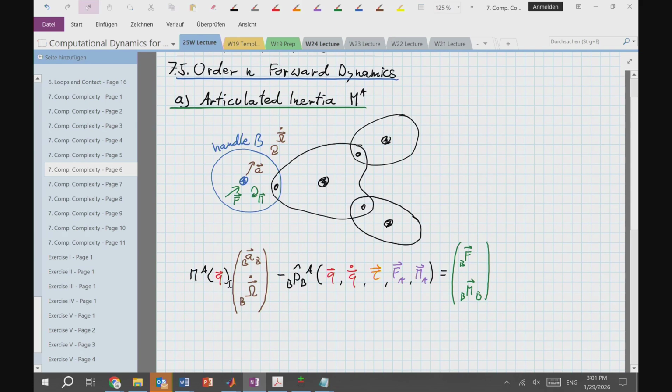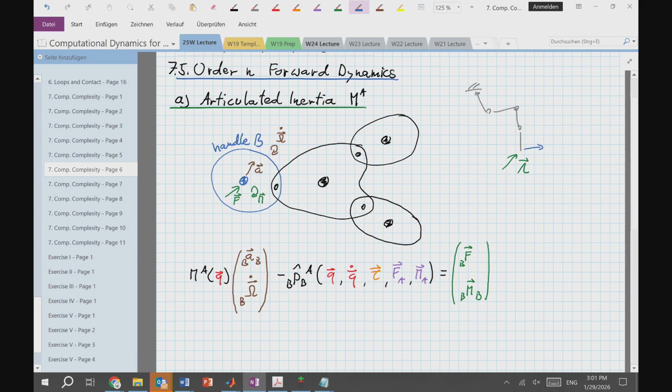That we have somehow a linear relationship between forces and accelerations. And to some degree, this is not something new, because when we talked about contact and collisions, remember how we basically had our articulated robot, and then we had a contact force, which was not someone grabbing the robot, but in a sense ground pushing against the robot, in this case in the integrated form of the equations of motion.